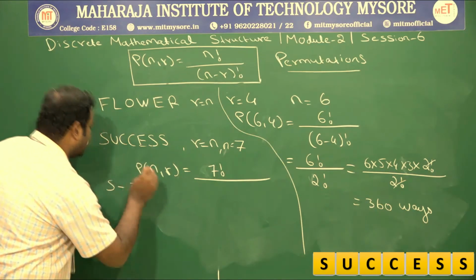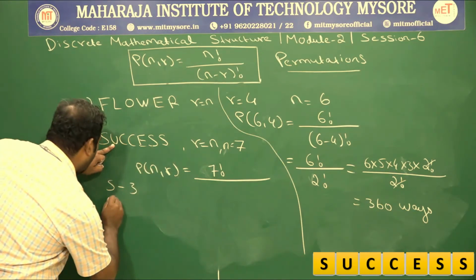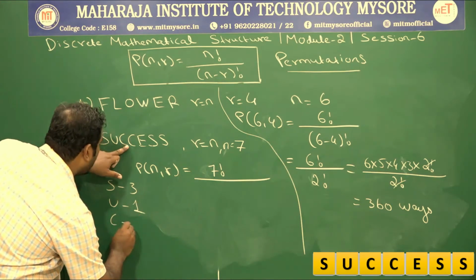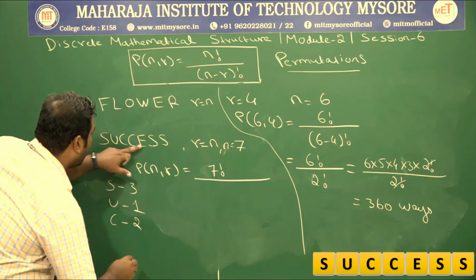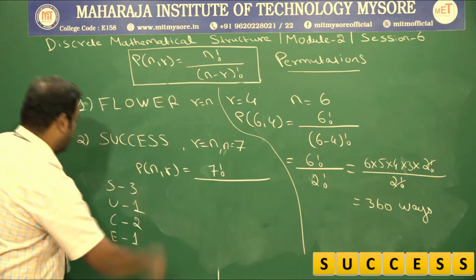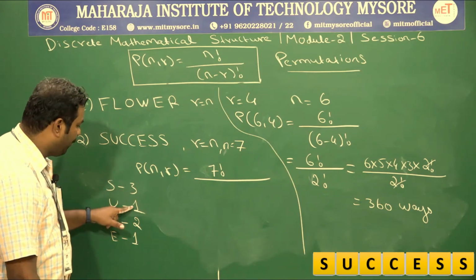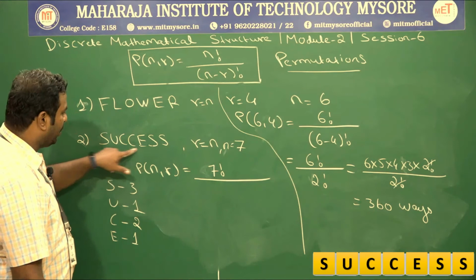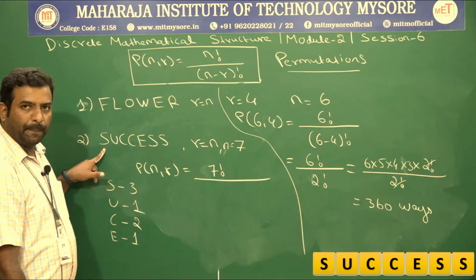There are 3 S. U, I am going to have 1, C I am going to have 2, and E I am going to have 1. So 3 plus 1 is 4, 4 plus 2 is 6, 6 plus 1 is 7. So in total there are 7 characters. Fine.